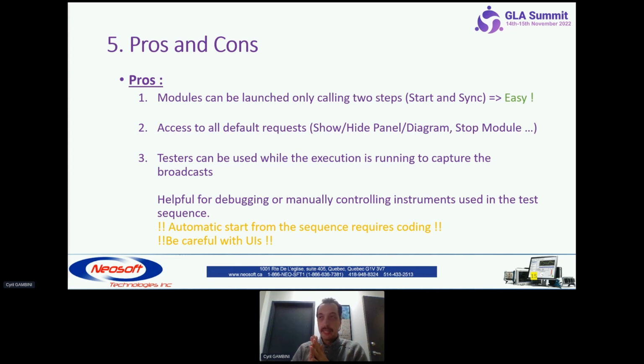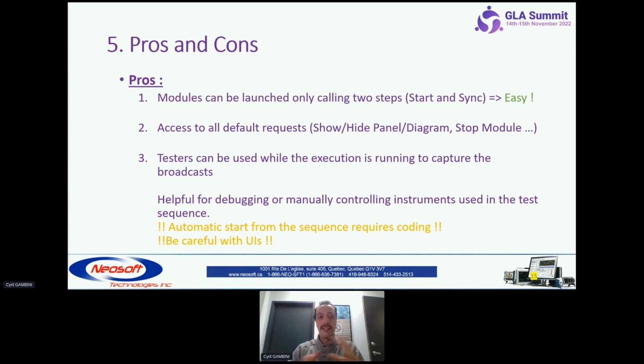Also, as I said before, I can use my testers, and I will come back to that a little bit later, from my sequence to actually capture all the broadcasts. If the requests are round trips, it's even easier to capture all the broadcasts that will be generated from the sequence. So it's a great help for debugging and manually controlling instruments.